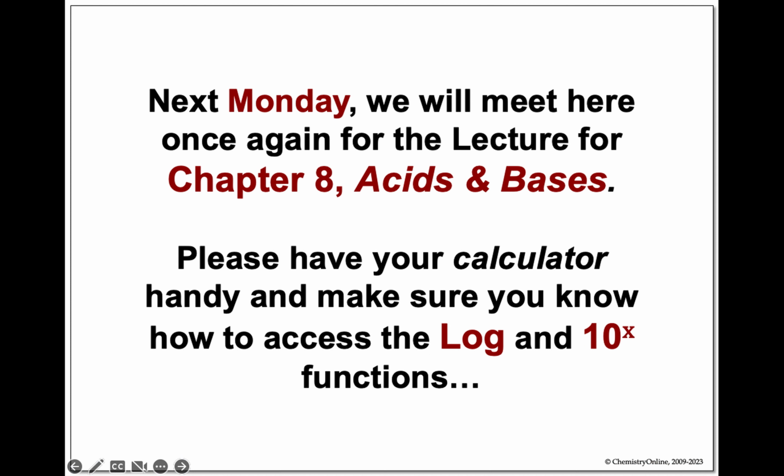And before you do, make sure you know what buttons to get a log and how to get to 10 to the x. Remember Wednesday we do the empirical formula. Please be very careful, read the procedure.